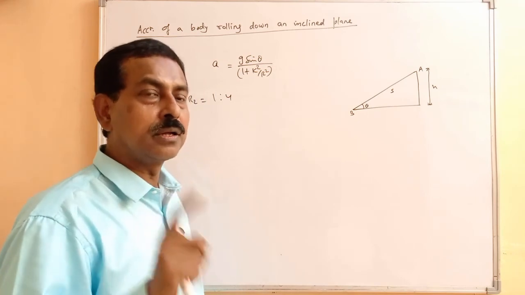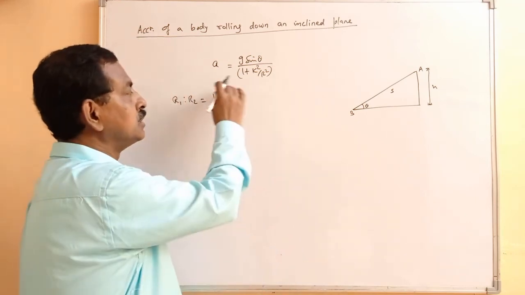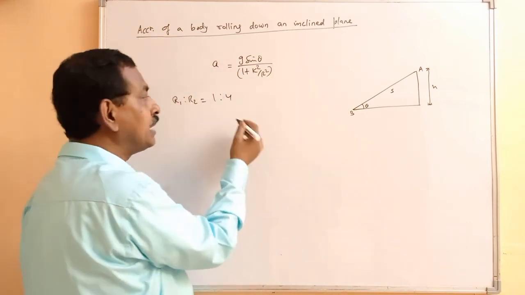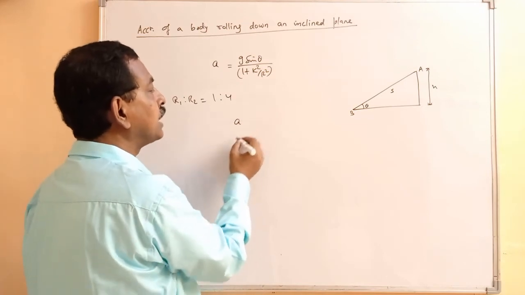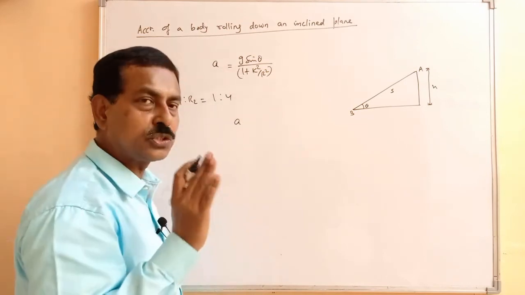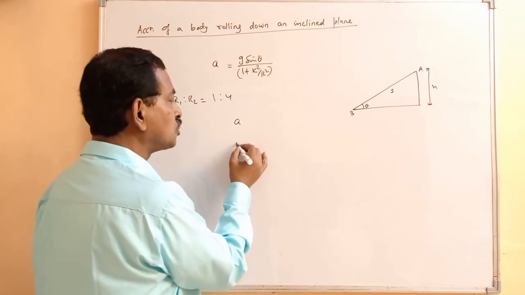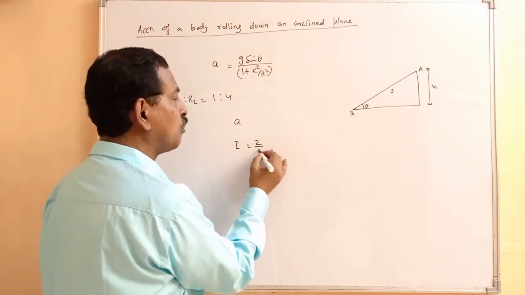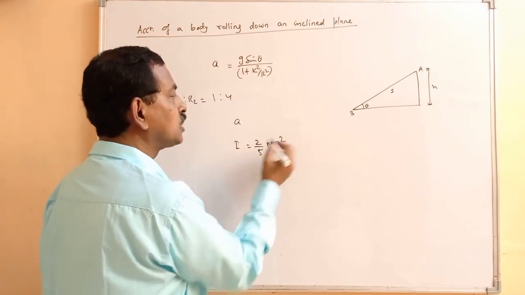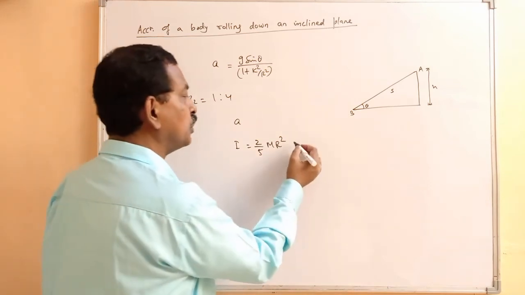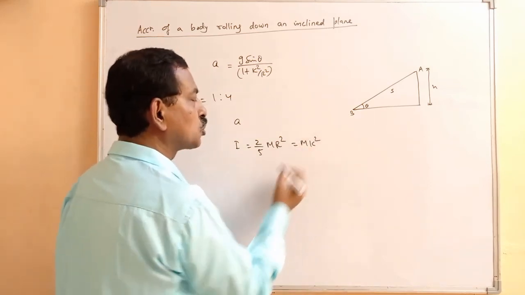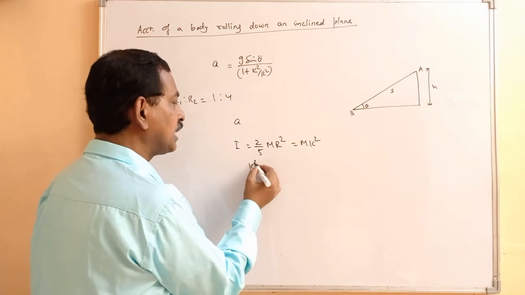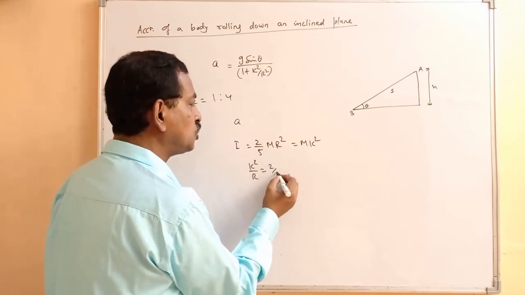But remember, this is wrong. Why? Because if you take a solid sphere, the moment of inertia is how much? 2 by 5 m r square, which is taken as m k square. So k square by r square will be 2 by 5.